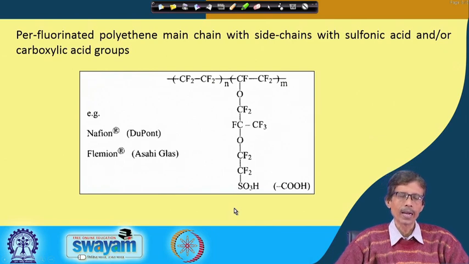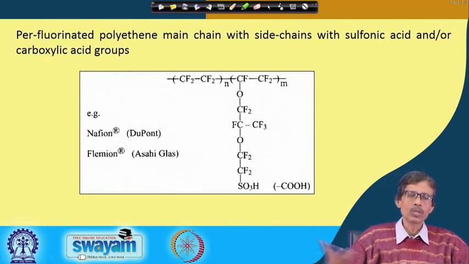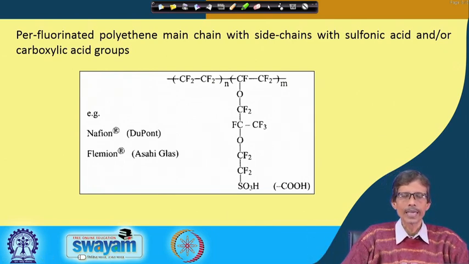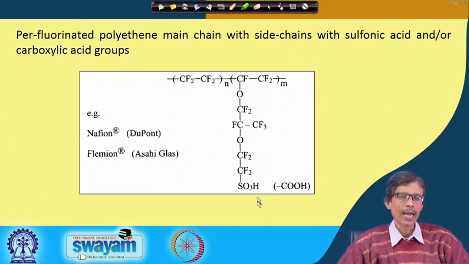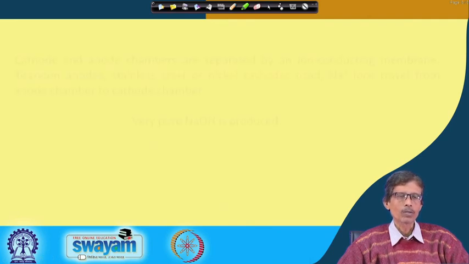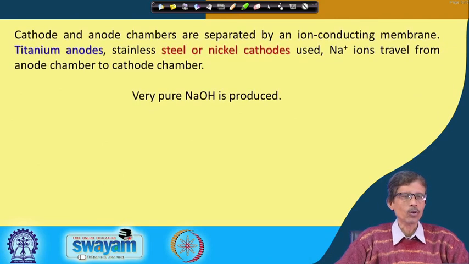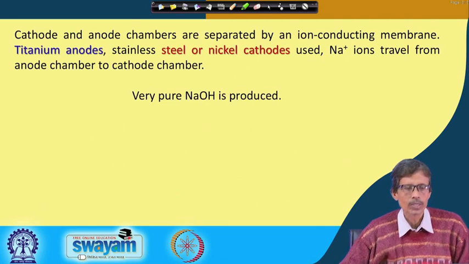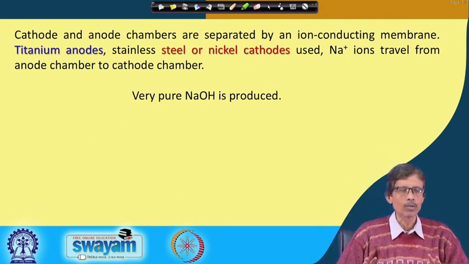So, how many n and how many m, and how these two are repeated along the chain is also known. You have the ether backbone over there, and at the end you have the corresponding ion sensitive groups, that means your carboxylate and sulfonic acid groups. And the chambers we are using, the cathode and the anode chambers, are separated by this particular membrane.